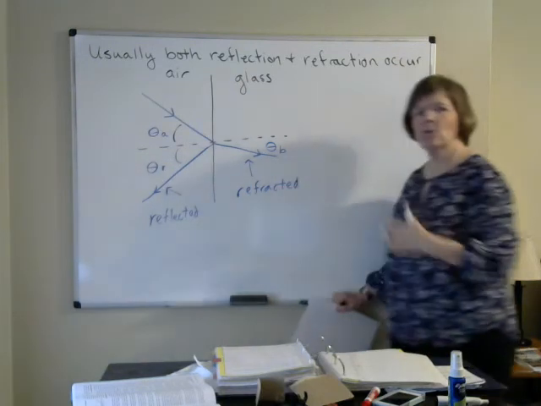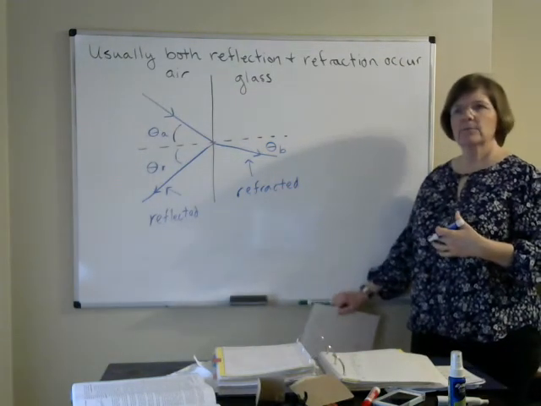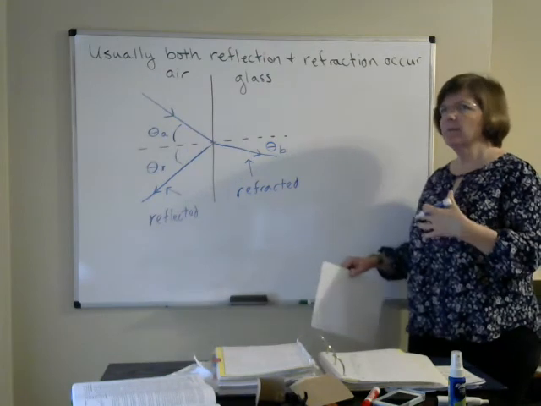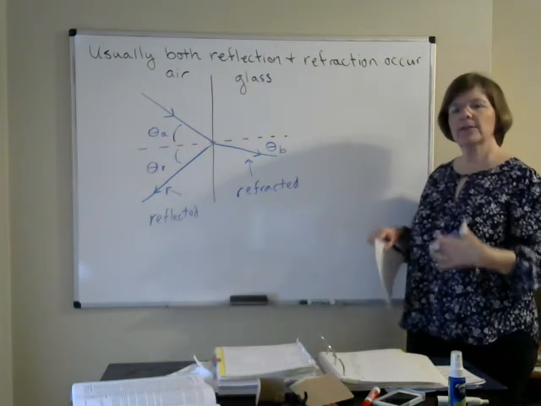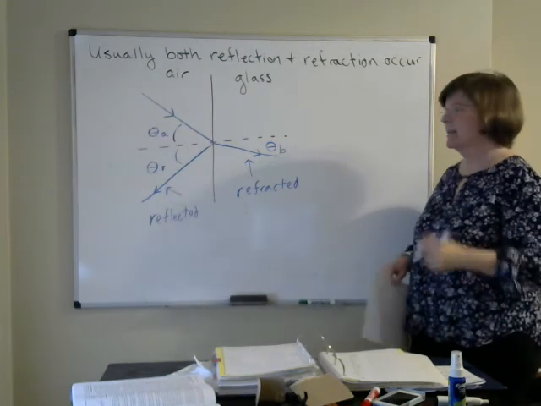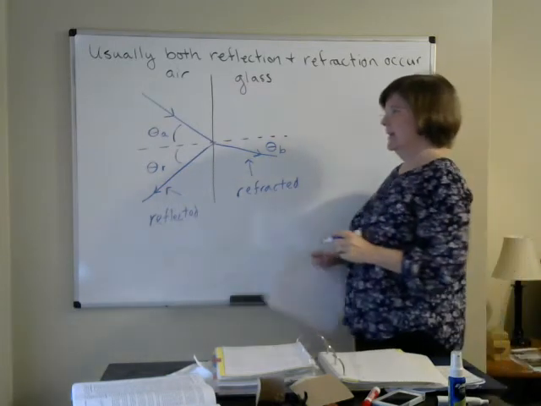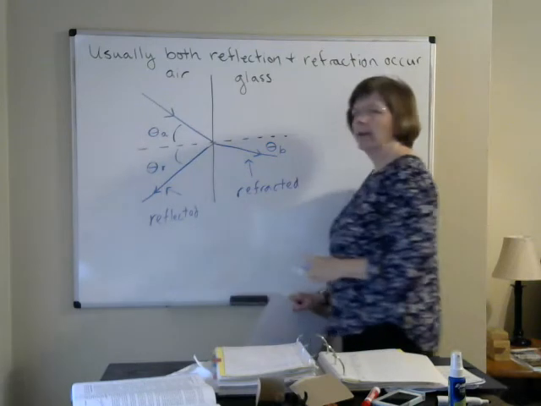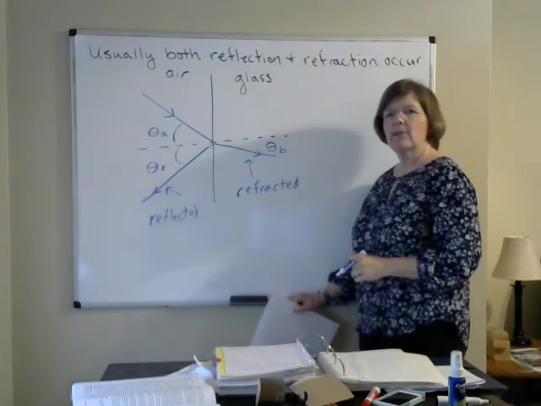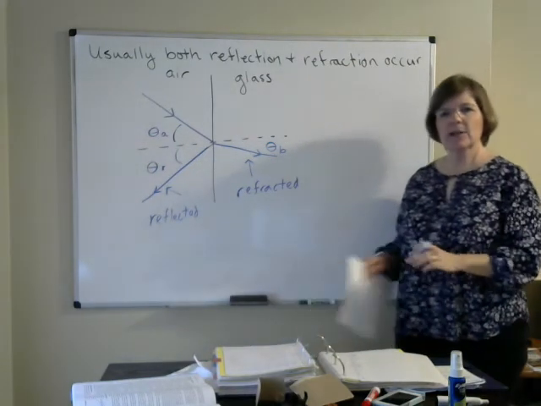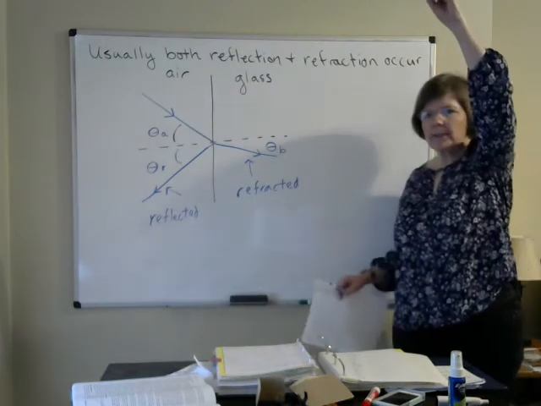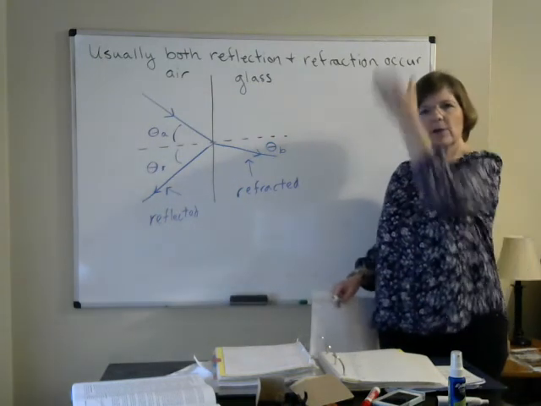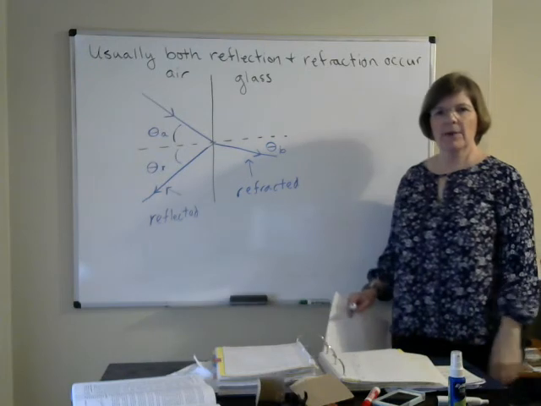Which brings up the question, how much more light is reflected than refracted, or what makes the difference? Generally speaking, the larger this angle is, the more reflection you get. I always like to think about skipping a stone. If you drop a stone straight down, you know it will be transmitted and go right into the pond.